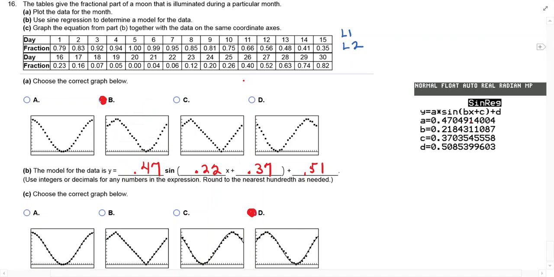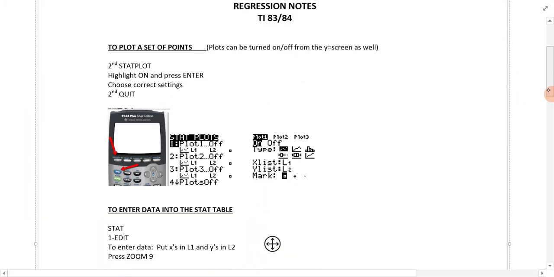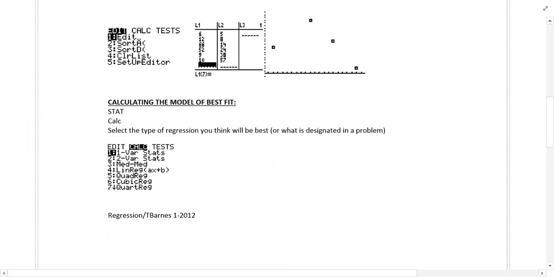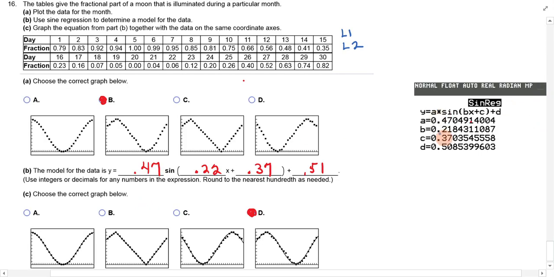So in the sheet, it does tell you to go to Stat and over to Calc, and then you'll be looking in this list down here for Sine. So when you choose that and you tell it to create, you will get this in your calculator.